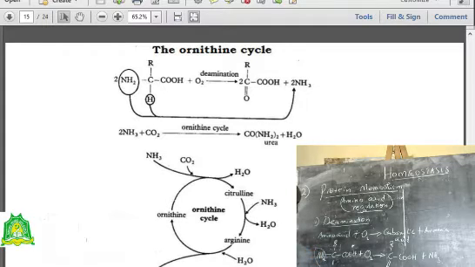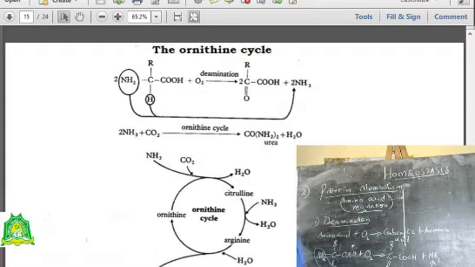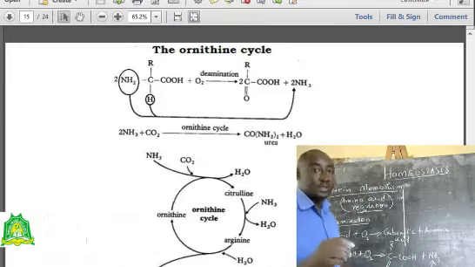The amine group combines with the hydrogen, and from this, we remove this ammonia. Therefore, in this case, it is this. That is the formula. In this case, it is this ammonia that will now undergo a series of reactions in a cycle called the ornithine cycle.